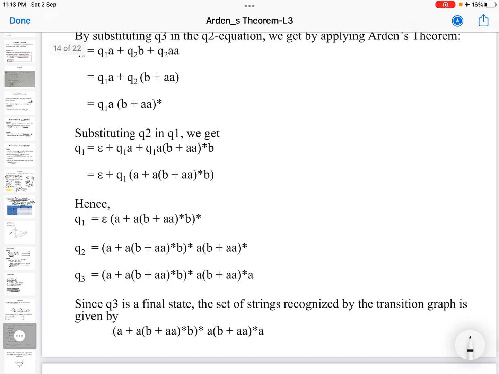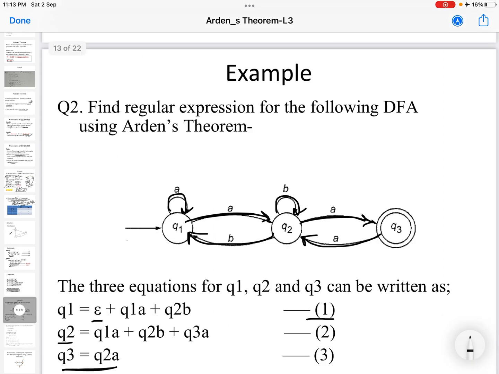Step number 2 says substitute Q3 in the equation Q2. So we substitute Q3 in Q2.